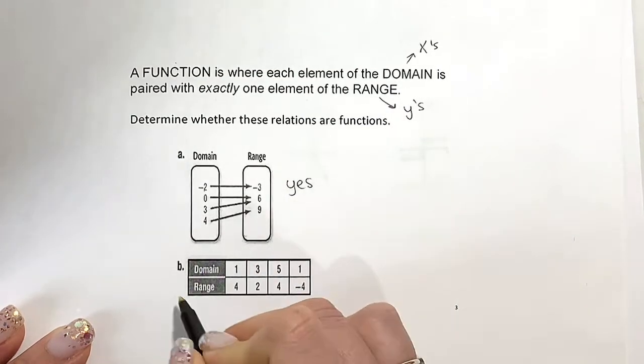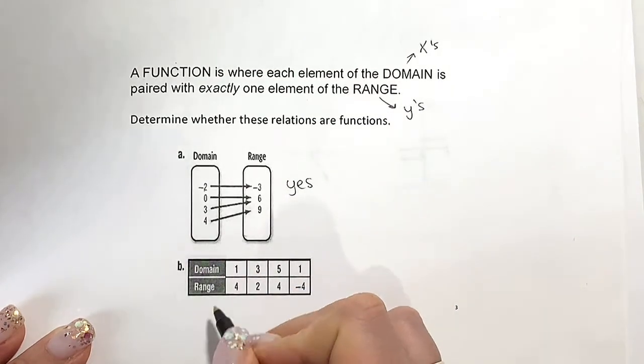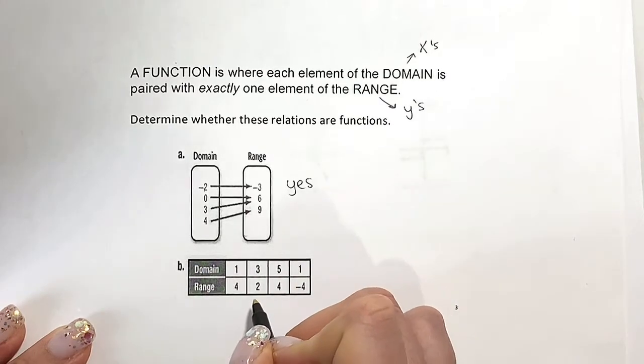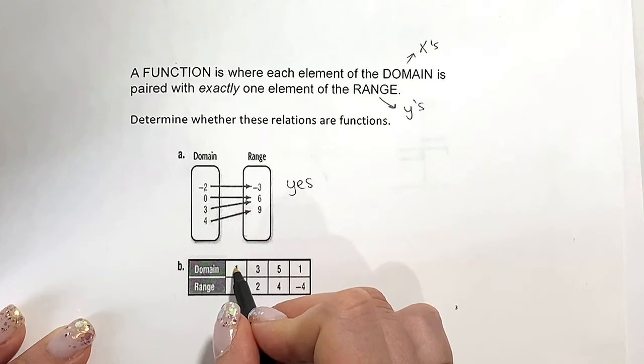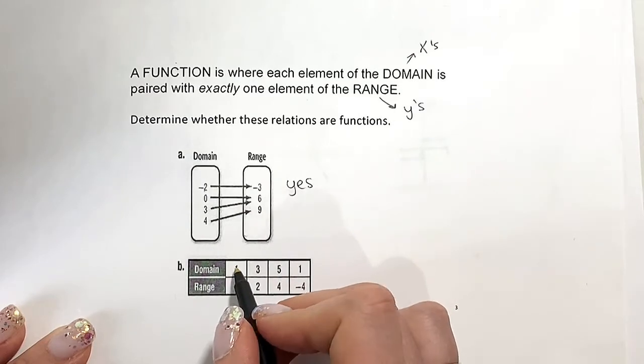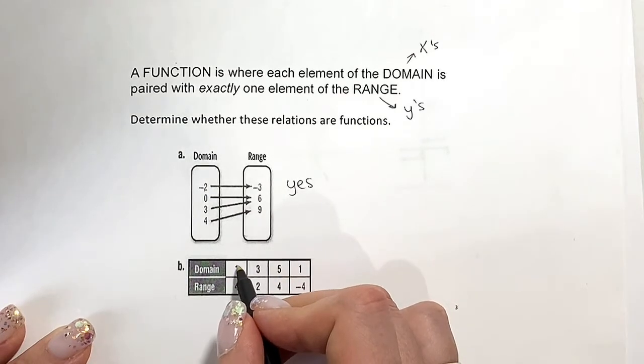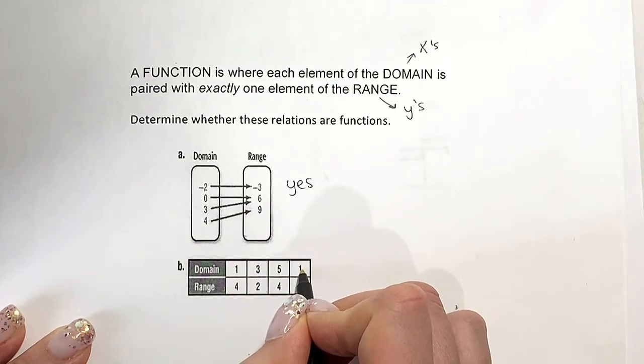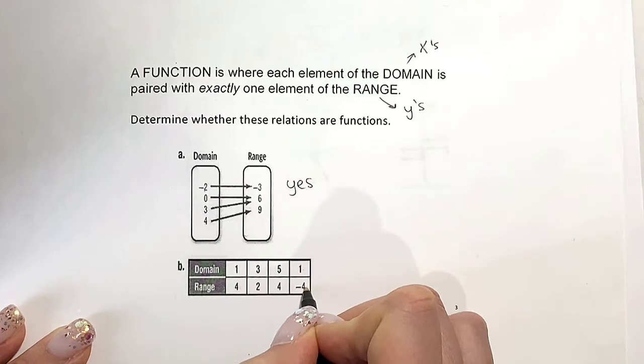Sometimes they will be given to you in a table format, like this one right here. So our domain would be this row, and here's our range. We just need to make sure that each of our domain only goes to one y value. So here we see that 1 is going to 4, but then notice that 1 is being repeated over here. They're saying 1 also goes to -4.